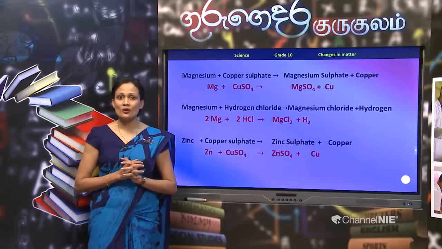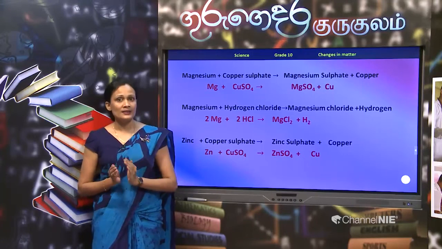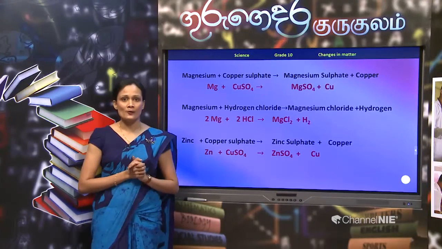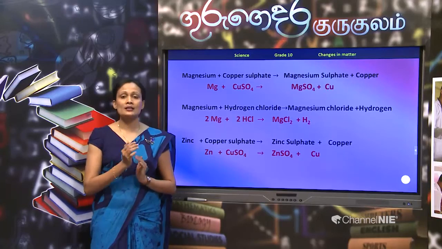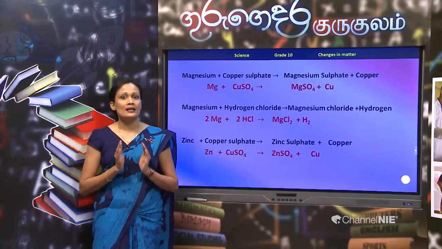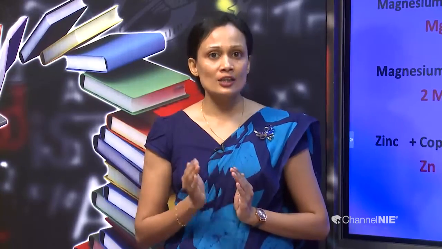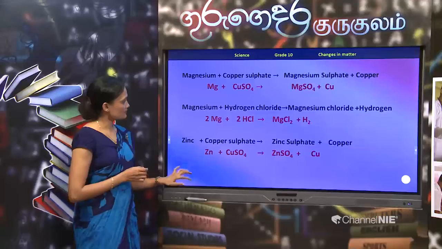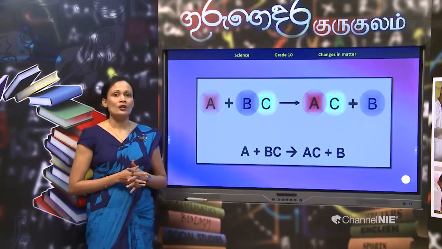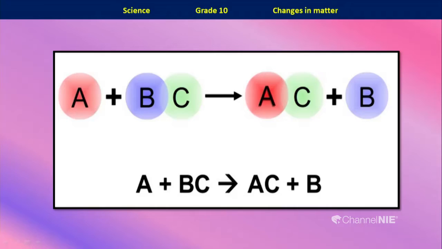Likewise, these are reactions where an element reacts with a compound and forms another compound by displacing the element present in that compound. Now I am going to show you the common equation for single displacement reactions. Look at this one: A plus BC forms AC plus B. Here what happens?